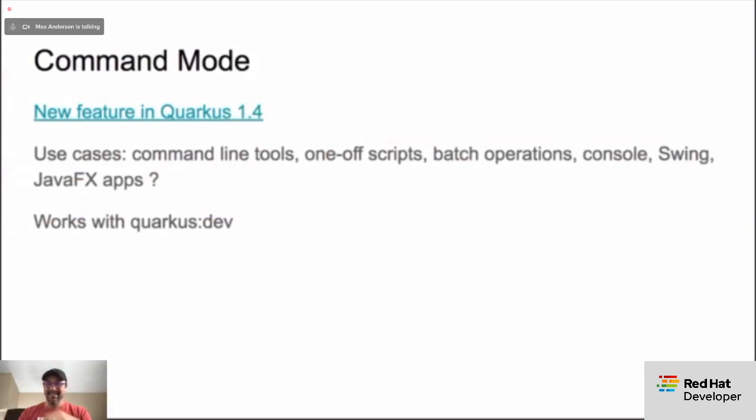Okay, anyway, command mode. This is a very new feature in Quarkus, which is coming out anytime soon. All the stuff I've been doing right now has just been kind of front-end development, not server-biased development for Quarkus. Command mode, or console mode, is where we allow you to write CLIs.